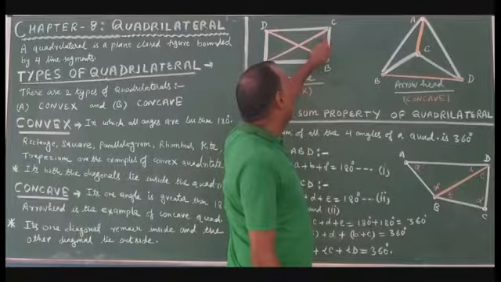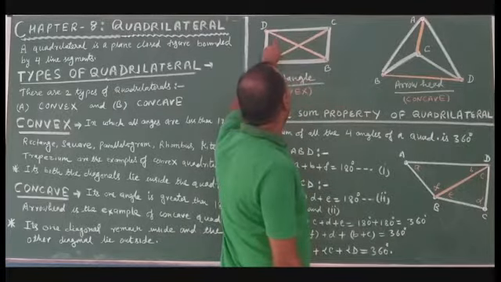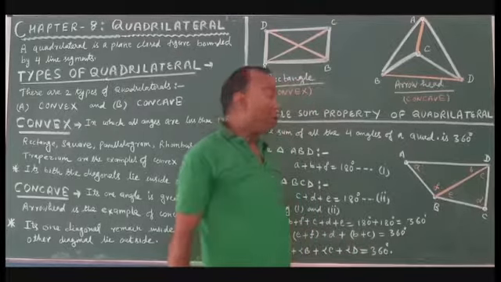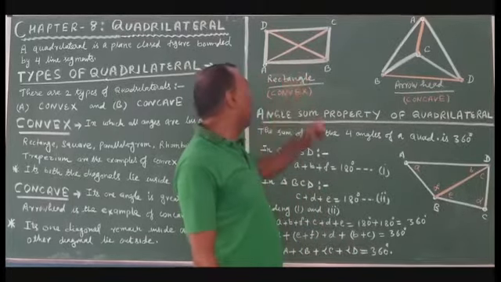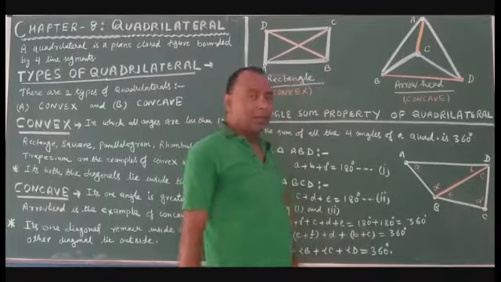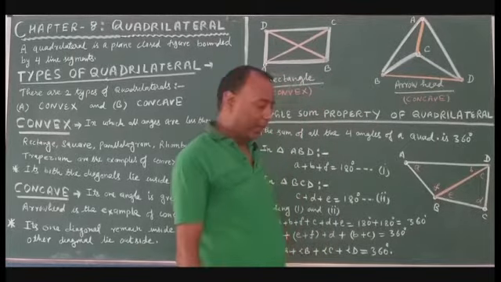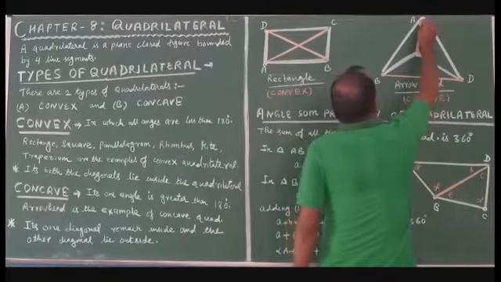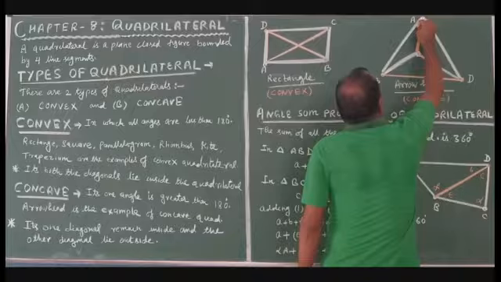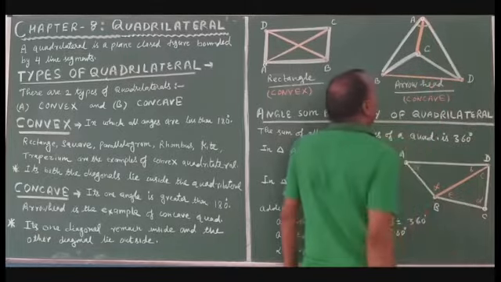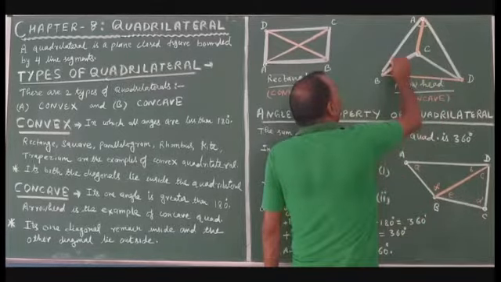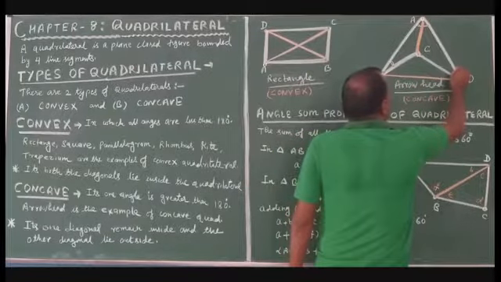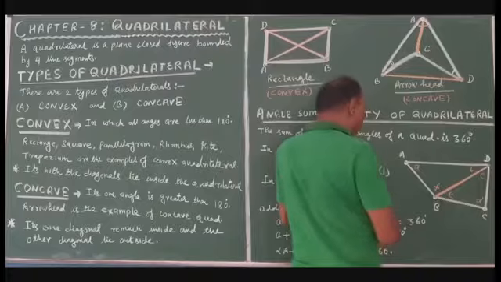Angle C is also less than 180 degrees, and angle D is also less than 180 degrees. All 4 angles of this rectangle are less than 180 degrees. Now look at the arrowhead. Angle A is less than 180 degrees. Angle B is less than 180 degrees. Angle D is less than 180 degrees.